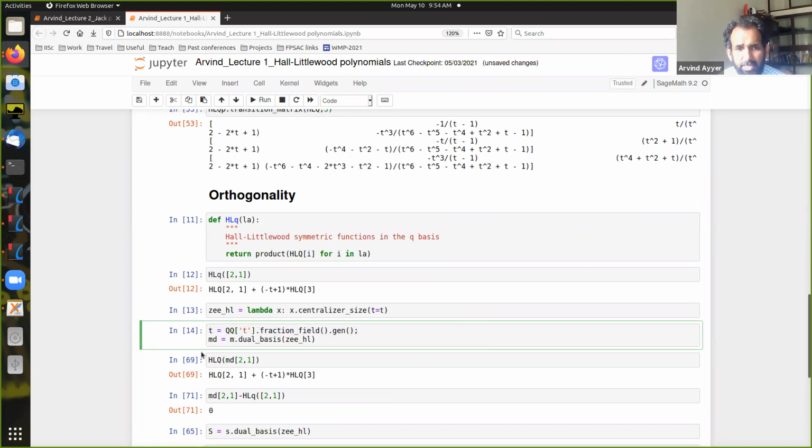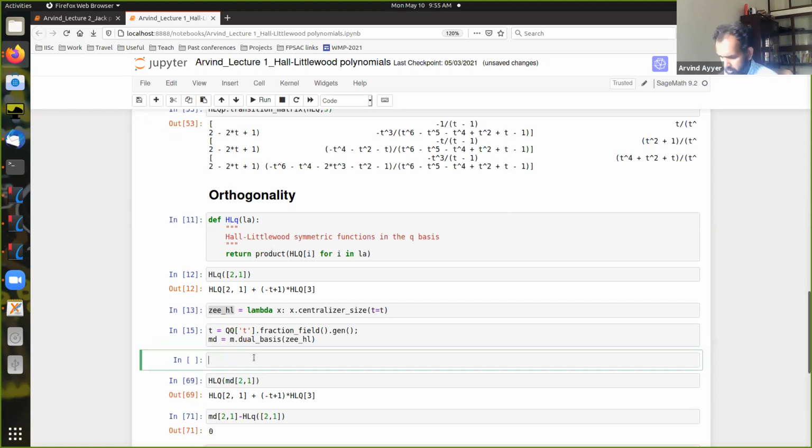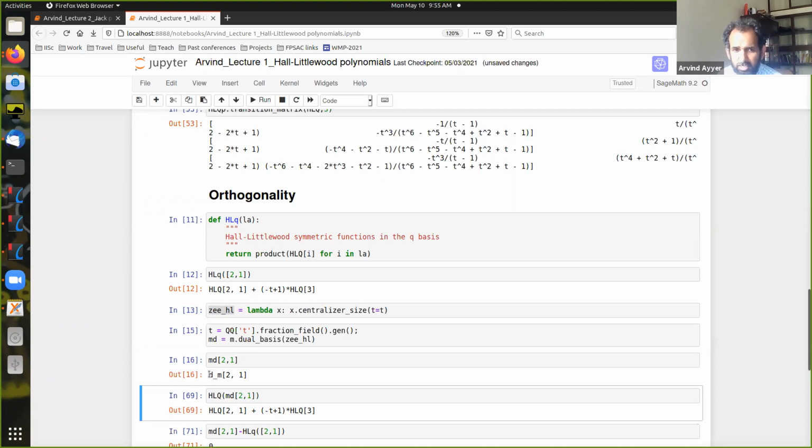Then I define MD to be the dual basis of the monomial symmetric functions using this inner product. If I say MD of 2 1, it'll use this notation, the dual of m. And if I express these duals of m in terms of the q basis, I get exactly the same thing over here.